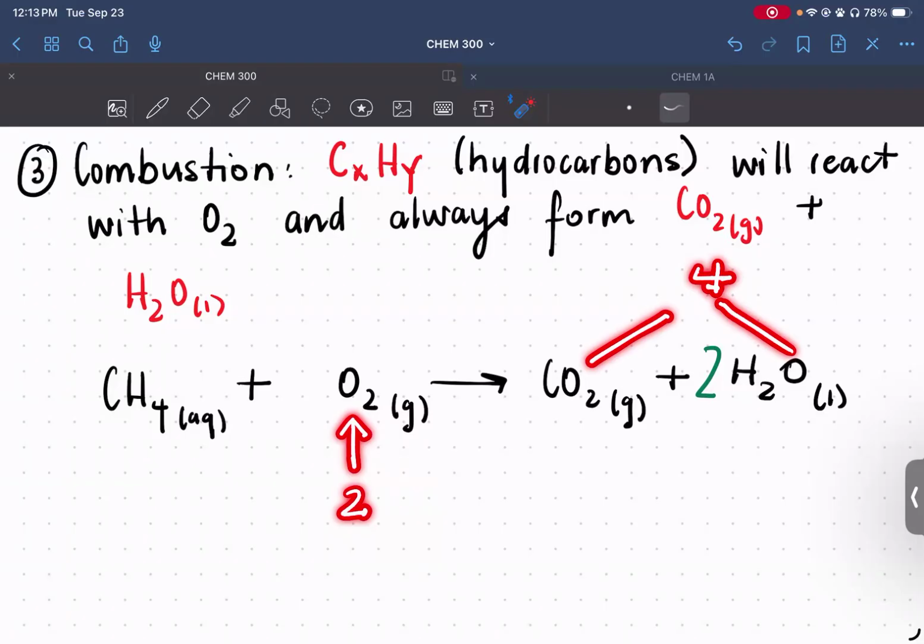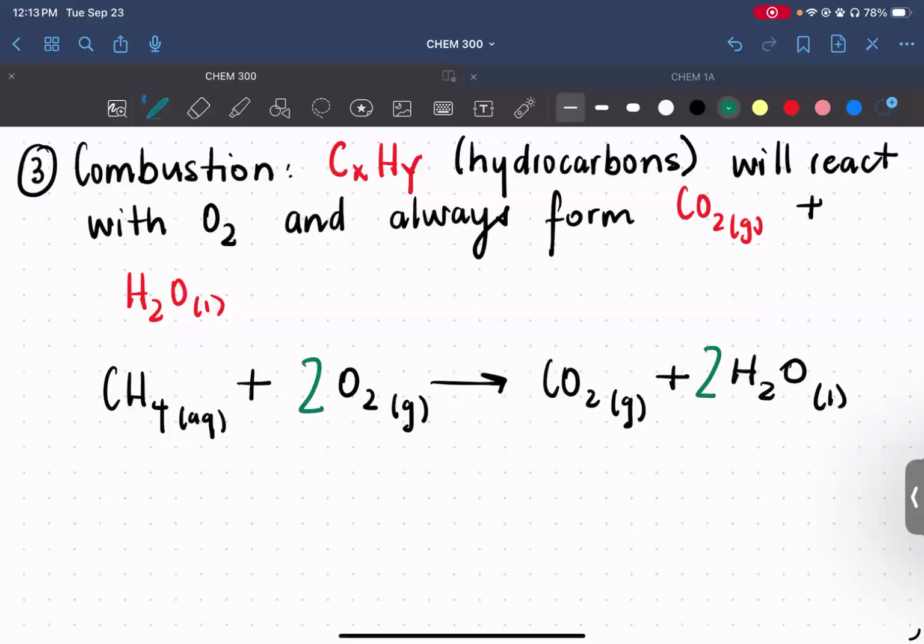So the cumulative sum of oxygens on the right is 4. 2 from the CO2 and 2 from the H2O. So to balance it, we'll simply put a 2 in front of the O2. With this, the reaction is balanced with state symbols and correct products. Let's try another one.